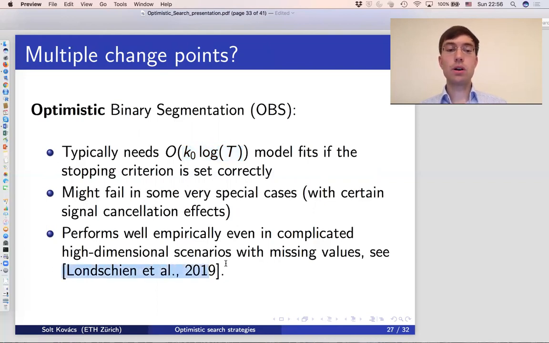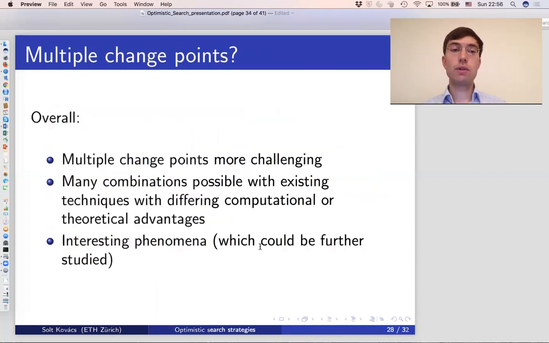And in this paper, Lung-Yin and co-authors, in very complicated high-dimensional scenarios with missing values, it still performed very well empirically. So in terms of theory, it has some special cases where it doesn't work unless one modifies slightly the procedure. But in practice, it works very well. So overall, multiple change points are more challenging, but combinations with the existing techniques are possible, and they have differing pros and cons in terms of computational times and theoretical results.